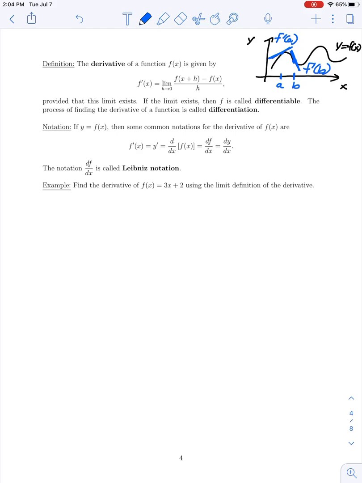So for different points that we choose on the graph of our function, the slope of the tangent line to the curve at that point will be different. Therefore, the derivative depends on the value of x that we choose and is therefore a function of x.